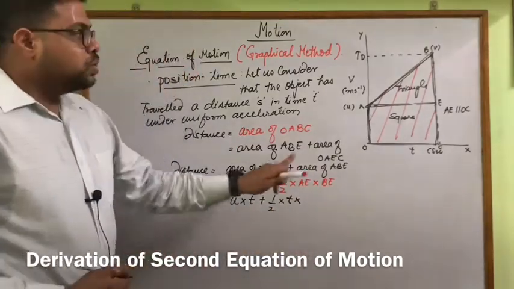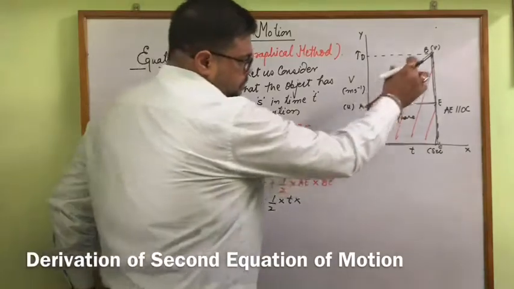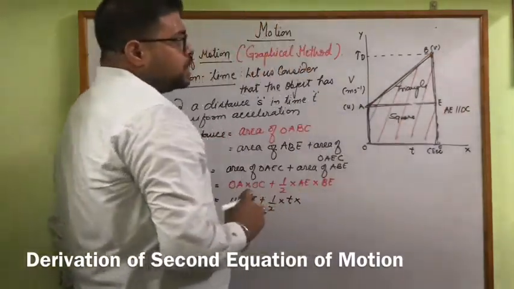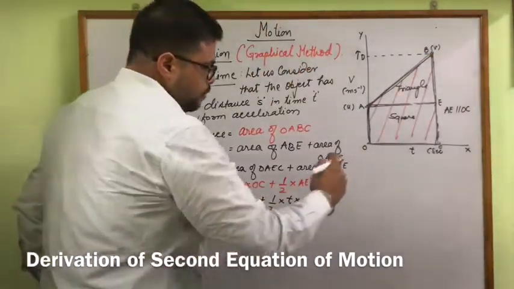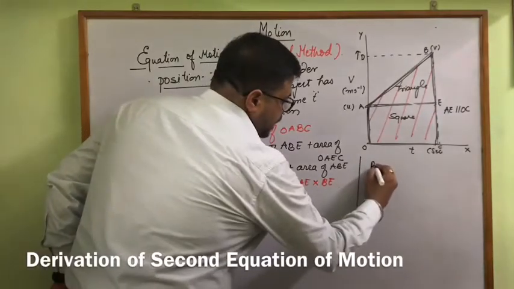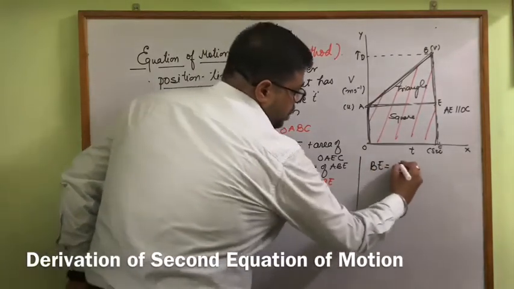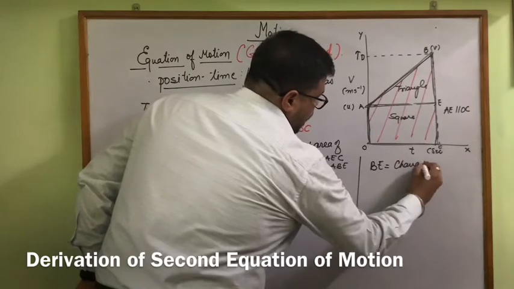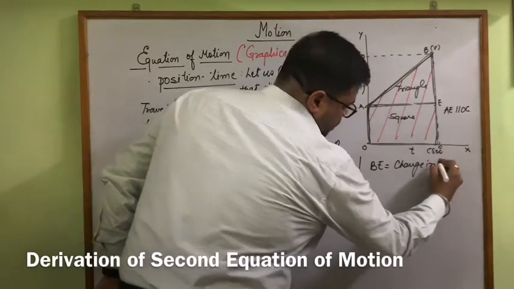Now, for the particular BE, we know that BE equals the change in velocity.